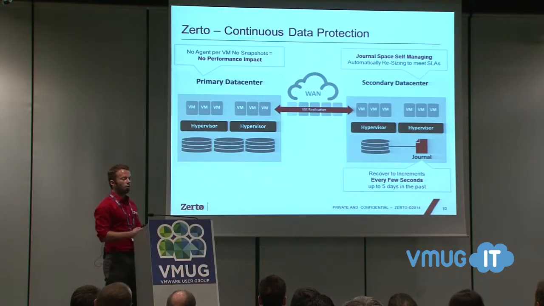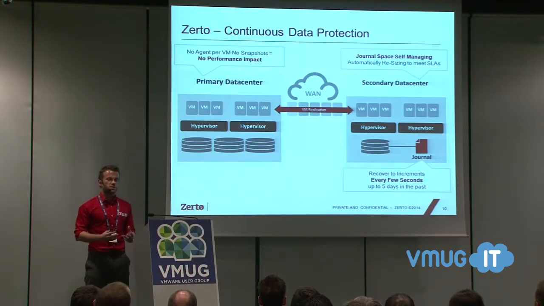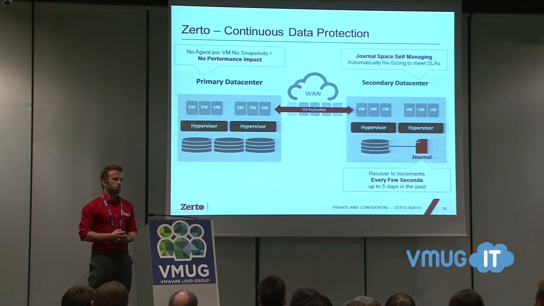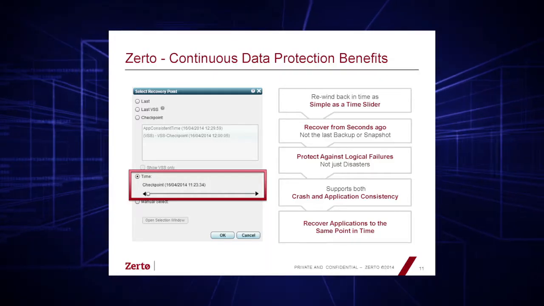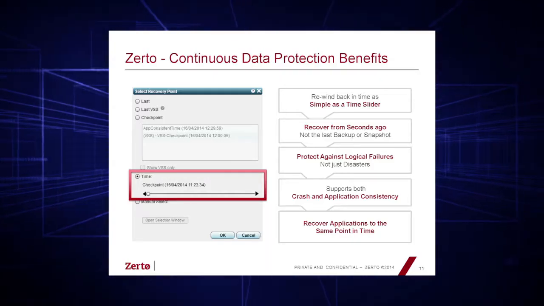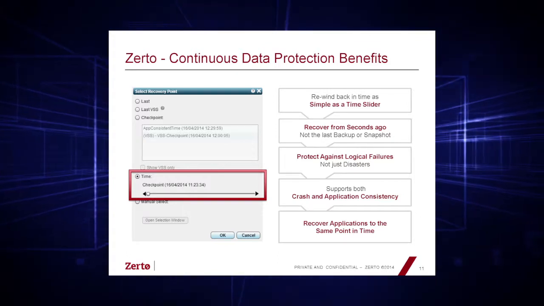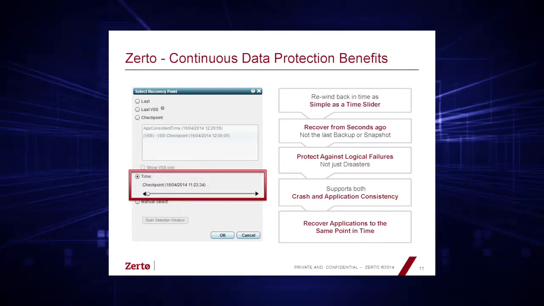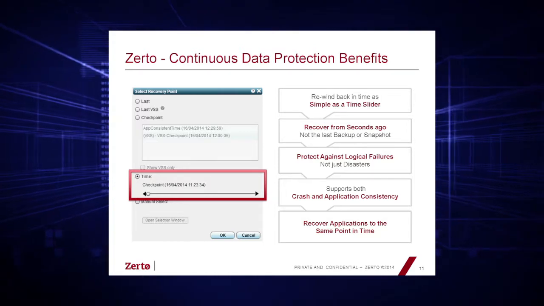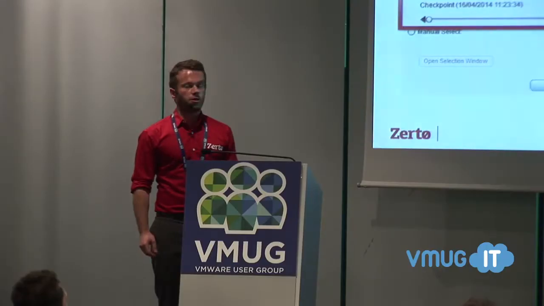And the journal will automatically self-manage its space depending on the SLAs that you've defined. So how easy is rewinding back in time with Zerto? It's as simple as this time slider here. All you do is drag it back, and you can recover from seconds ago, not the last backup, not the last snapshot, seconds.